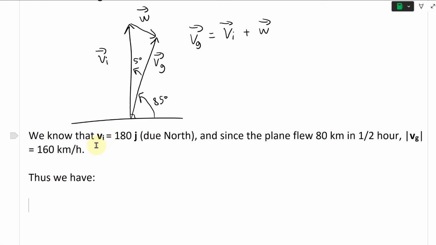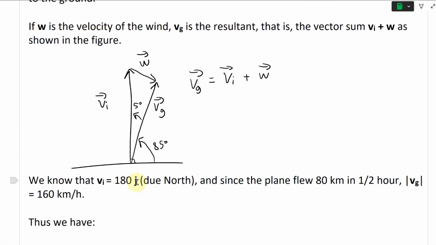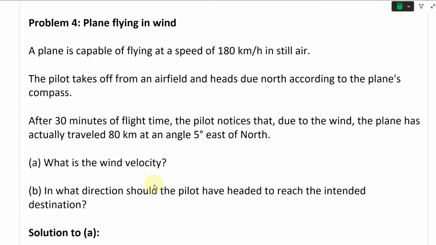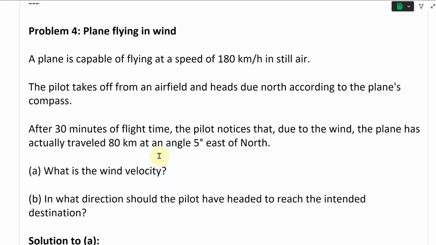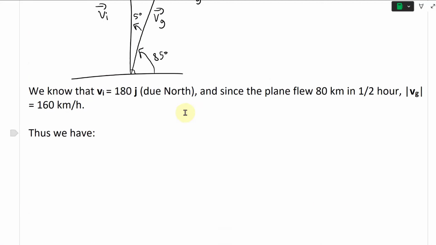Alright, so continuing further, we know this vector, the intended velocity, is just going to be 180j, due north in our ijk components. That's basically going in the y direction, the north direction. Again, 180 kilometers per hour is the intended velocity.